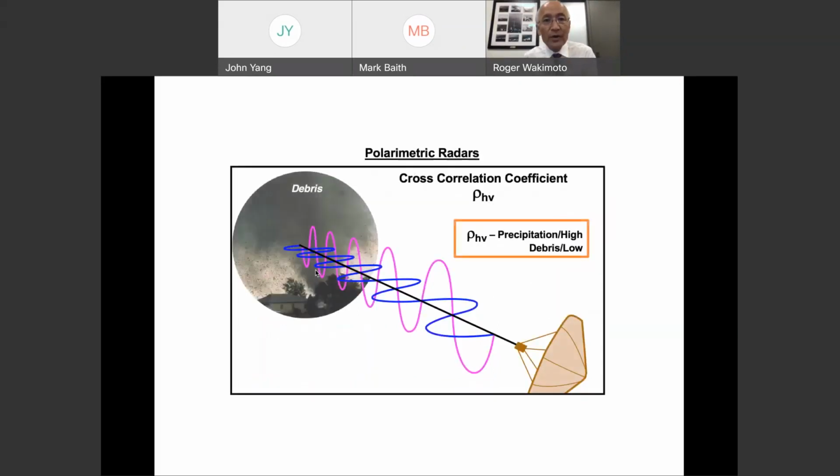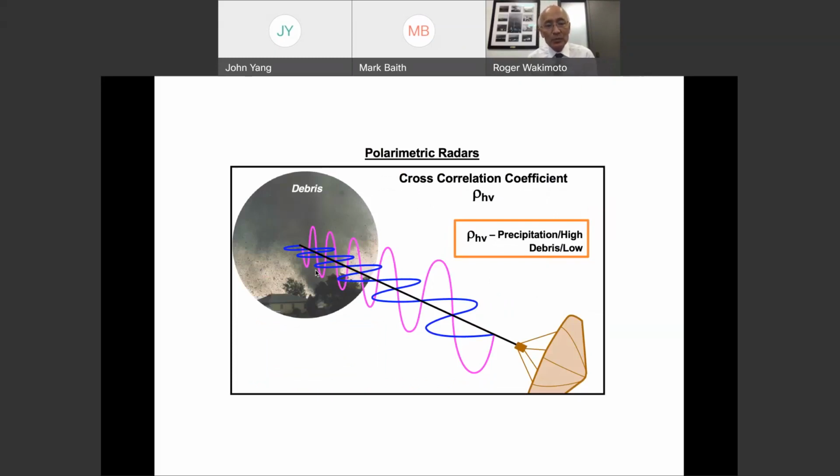And the fourth and final variable that I want to introduce to you, it too is polarimetric, is the cross correlation coefficient, or ρHV. It's actually pretty simple conceptually. It says take the horizontal polarized energy and correlate it statistically with the vertically polarized energy. So what does that buy you?